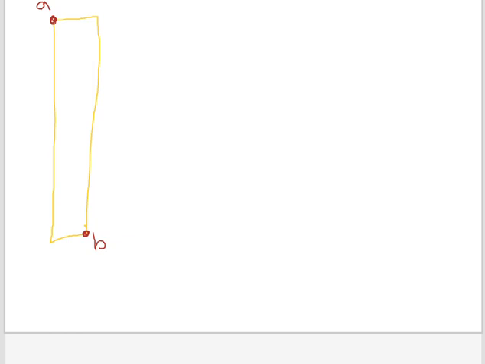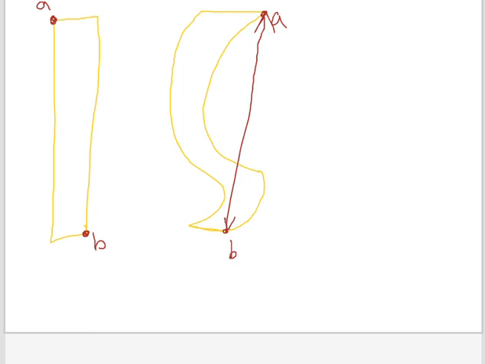I give a rotation. Okay, this is B. Give a rotation that comes down to here. Then I attach these points. Everyone understand what I say?